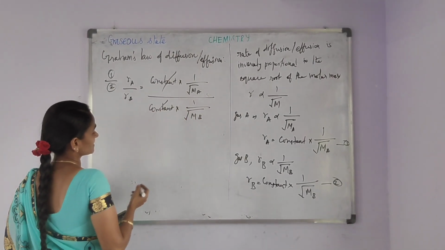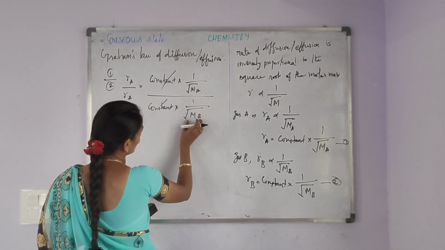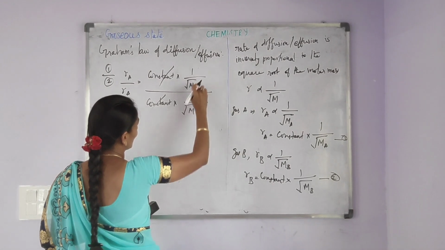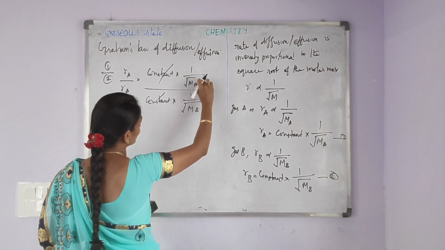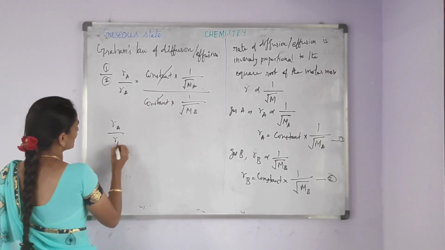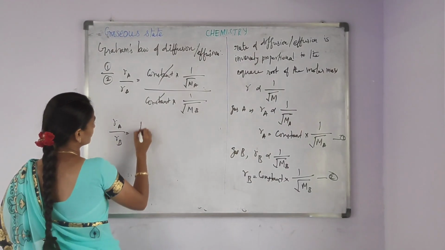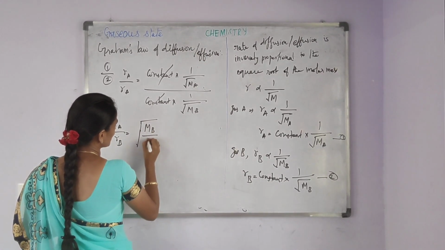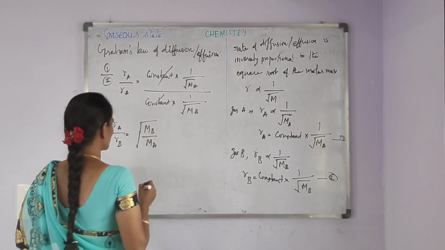The constant gets cancelled. The square root of Mb moves to the numerator and the square root of Ma comes to the denominator. So Ra divided by Rb is equal to square root of Mb divided by Ma.